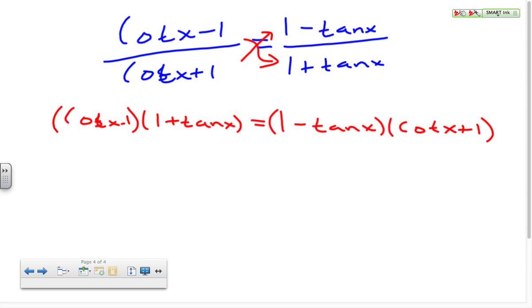Okay, and then I'm going to simplify both of these. So this is the cotangent of x. Okay, I just used FOIL. Minus 1 plus cotangent x tangent of x minus tangent of x.